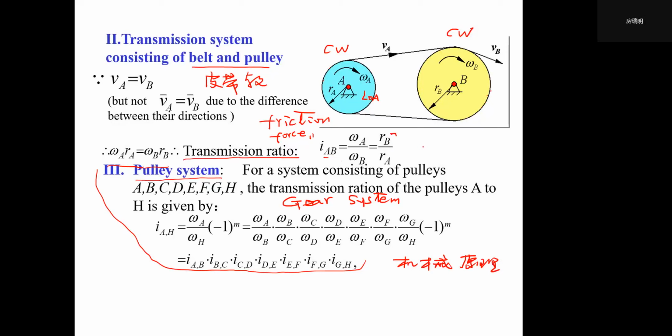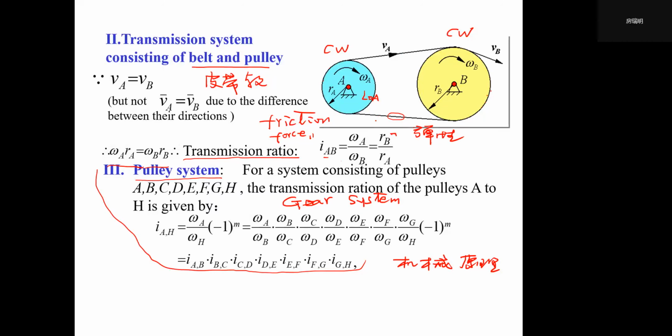It's not like the gear mechanism, because this belt will have elasticity, 弹性, elasticity. So maybe this is what we call 紧边, and this is 松边.